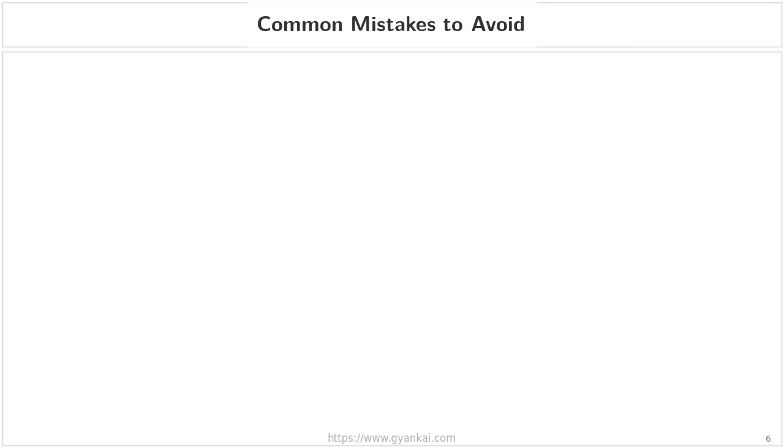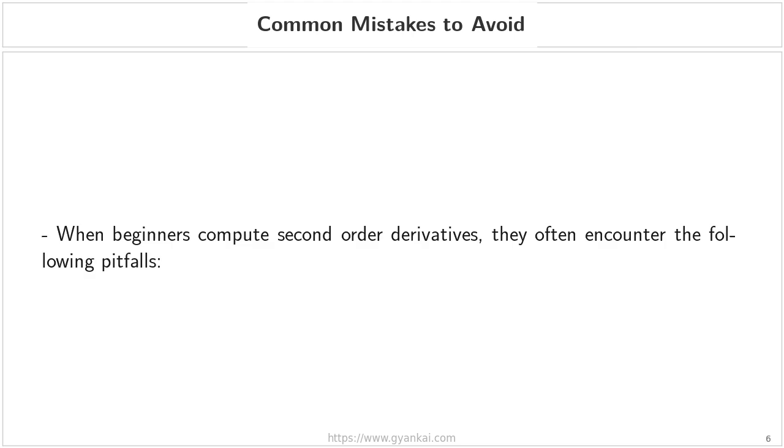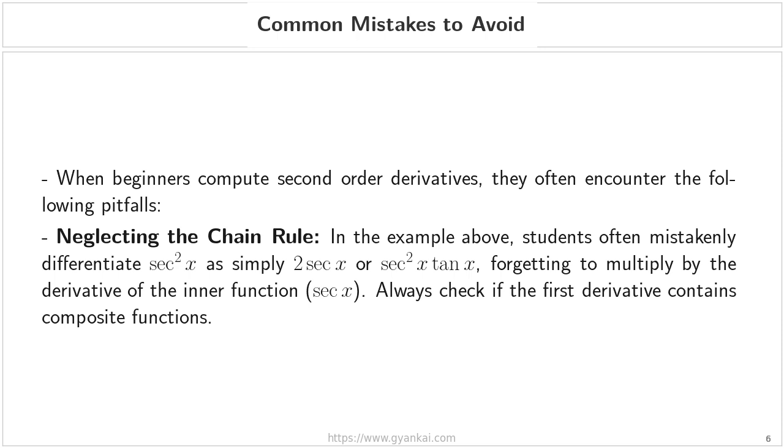Common mistakes to avoid. Now that we have completed the step-by-step example, it is important to discuss some common pitfalls that students often encounter when computing second-order derivatives. First, let's address the issue of neglecting the chain rule. If you look back at the example we just solved, you will see that we had to differentiate secant squared x.